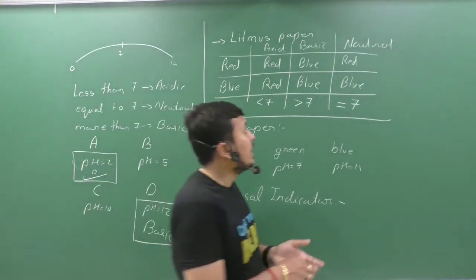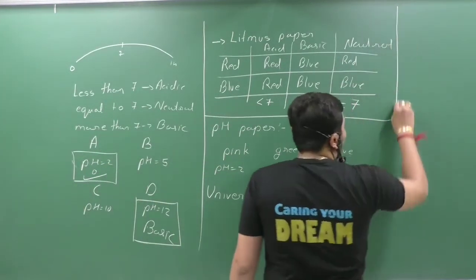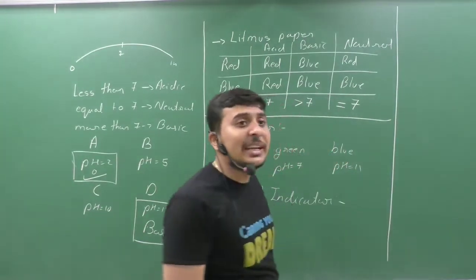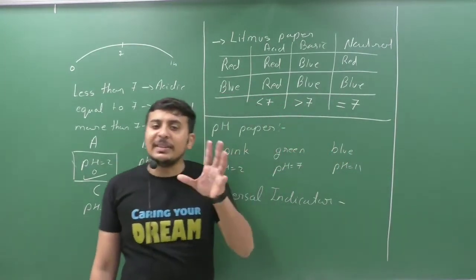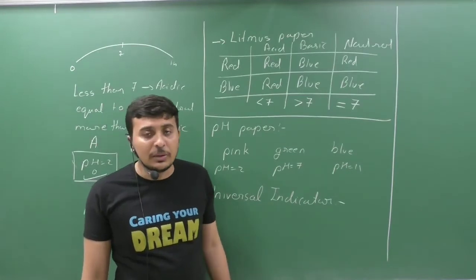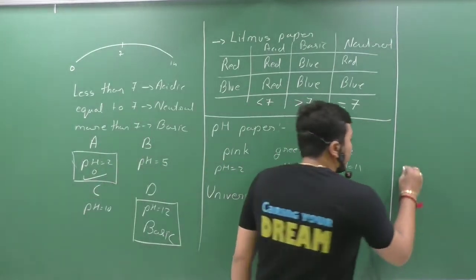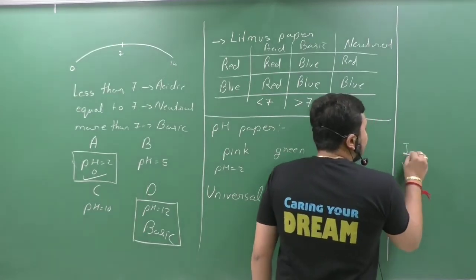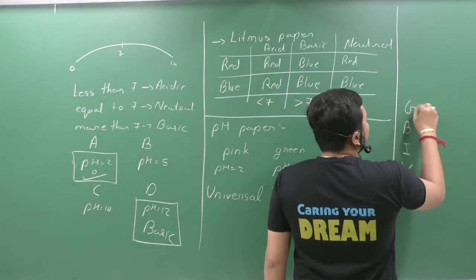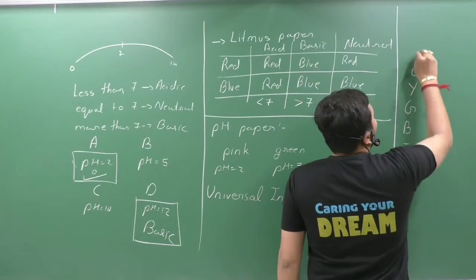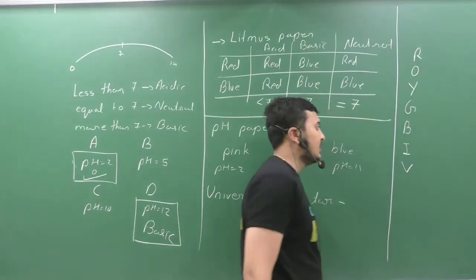But now remember, what are the colors formed during the rainbow? There are 7 colors formed during the rainbow. And what are those colors? That is VIBGYOR. What is VIBGYOR? Violet, indigo, blue, green, yellow, orange, red.